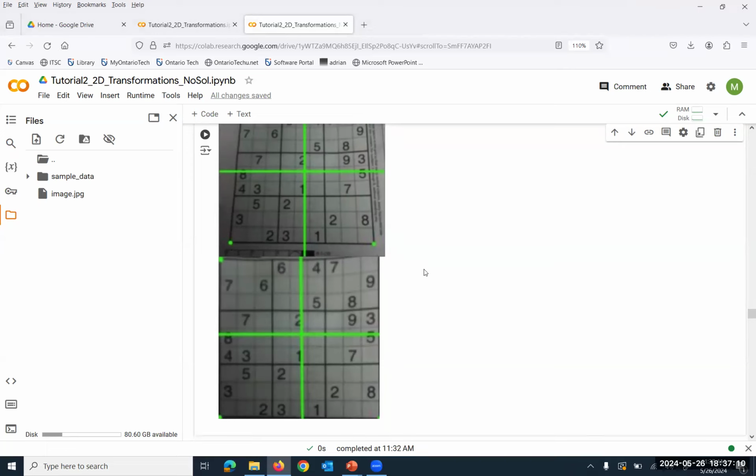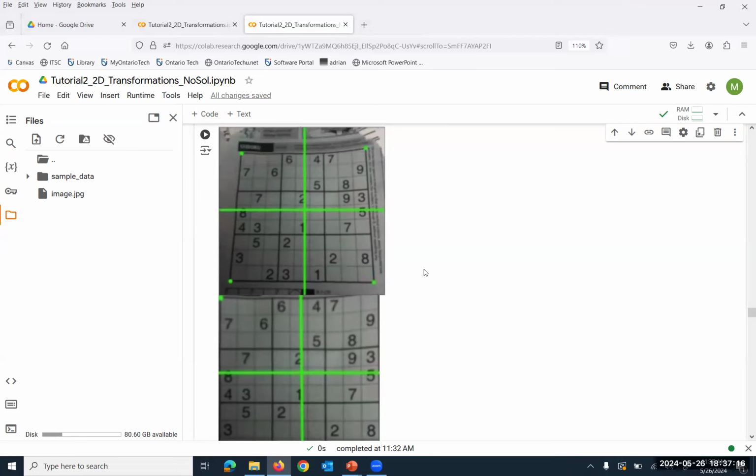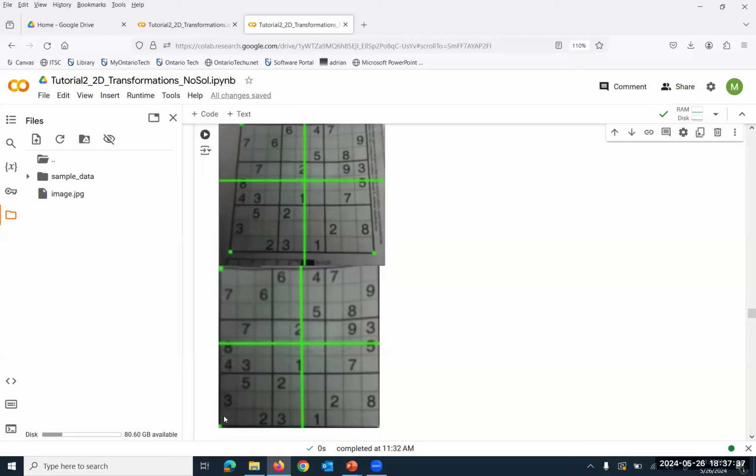Since you want to crop the main part out, the first corner would be 0, 0, and then the next corner will be 0 plus the width of the image for x, and y will be 0.